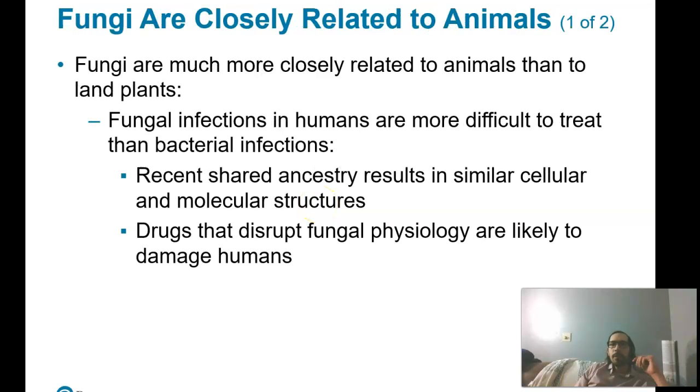Fungi are much more closely related to animals than they are to land plants. And so fungal infections in humans are a lot more difficult to treat than bacterial infections, because drugs that would disrupt the fungal physiology would also likely disrupt the human physiology.